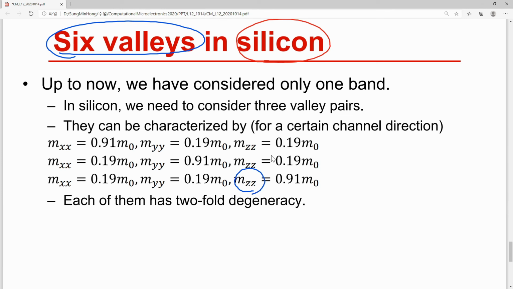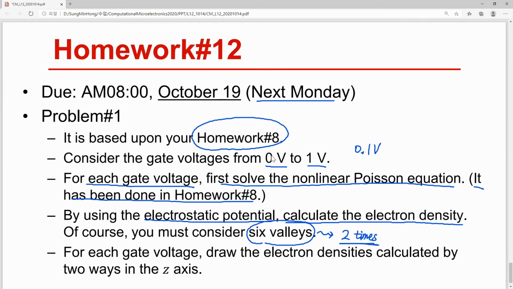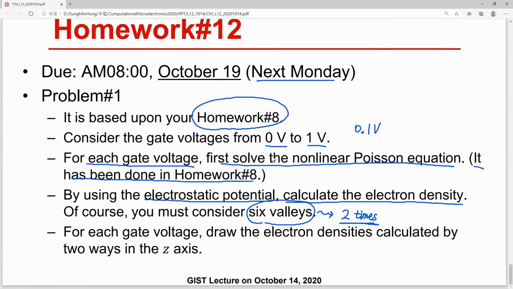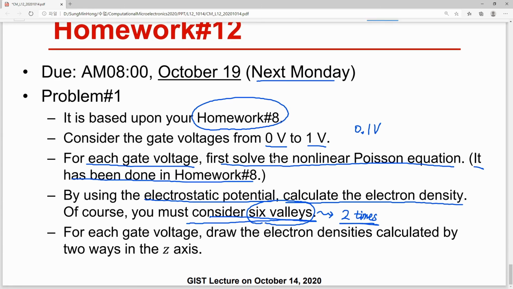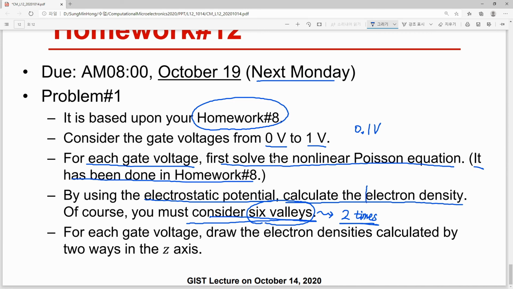First solve the case for mz equal to 0.91 rest mass. After that, solve another case where the mass is much smaller, 0.19. Then, by collecting all contributions from these 6 valleys, please calculate the electron density.